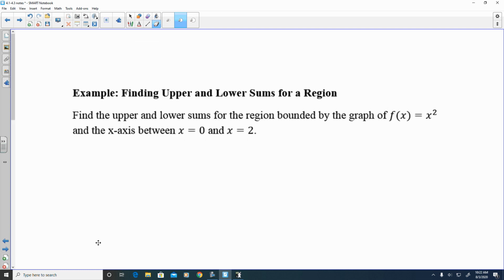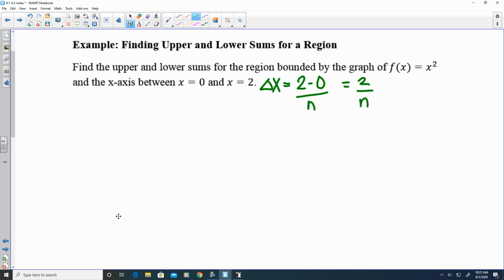Delta x is b minus a over n, which is 2 over n. And then we're going to have two different sums, the left sum and the right sum.